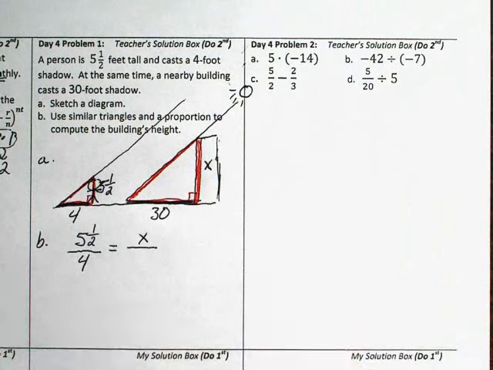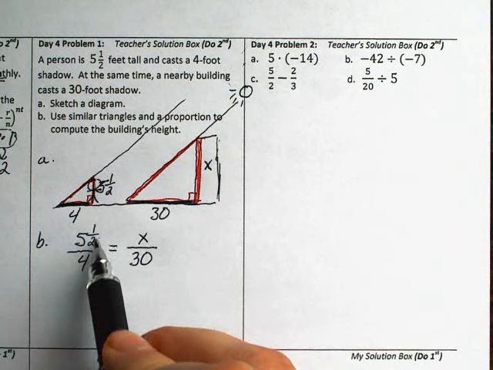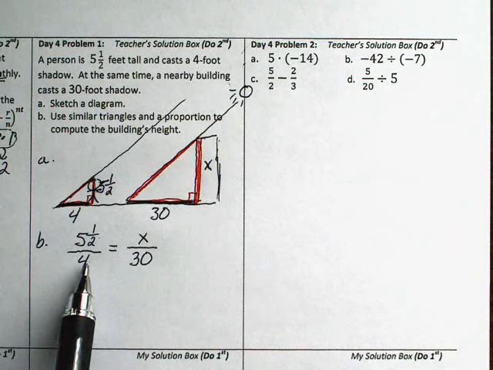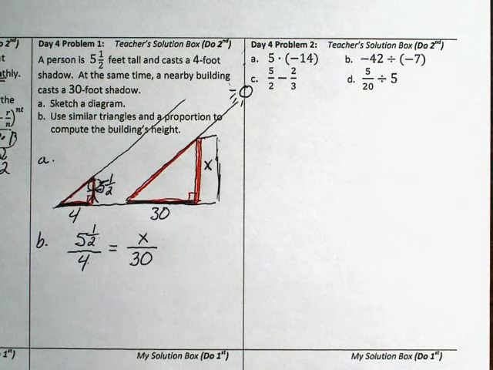The height of the building can be compared to the shadow of the building. Here's our proportion. Now, there are no patterns that are extremely evident to me between 5.5 and 4, or even trying to compare the 4 to the 30. Nothing jumps out at me as being an obvious pattern.